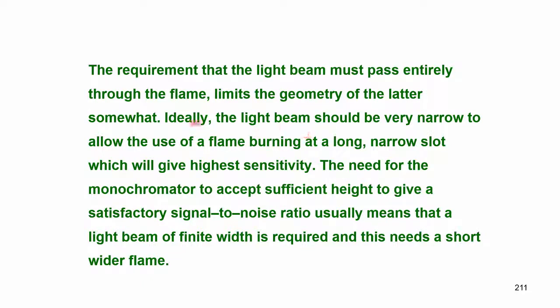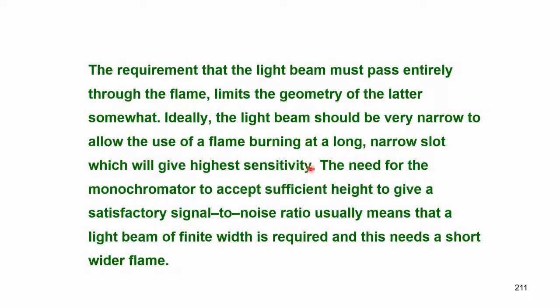But if it is 5 centimeters like what I showed you in the premix burner, it will be 5 centimeters or even 10 centimeters. So, ideally the light beam, the radiation coming from the hollow cathode lamp, should be very narrow to allow the use of a flame burning at a long narrow slot, which will give the highest sensitivity.